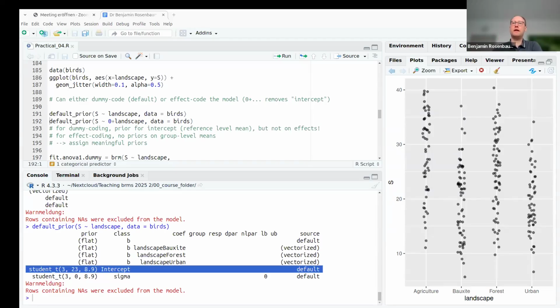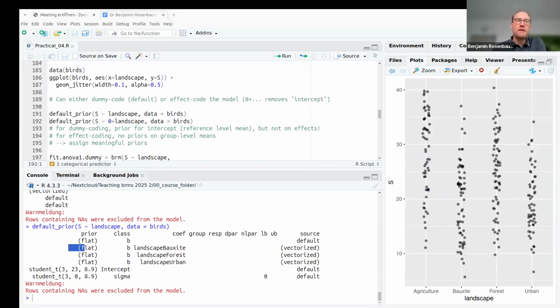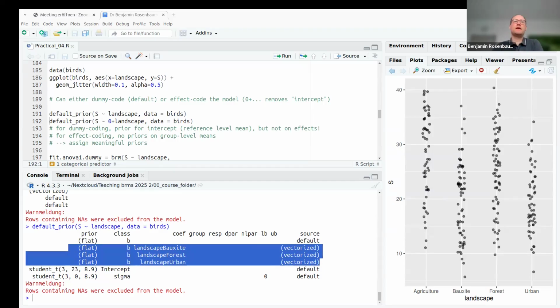So for the agricultural level, we get a prior for the mean in the reference level. And then the other ones, where we don't have any priors, these are the differences to the landscape level, and they do not come with any priors by default.